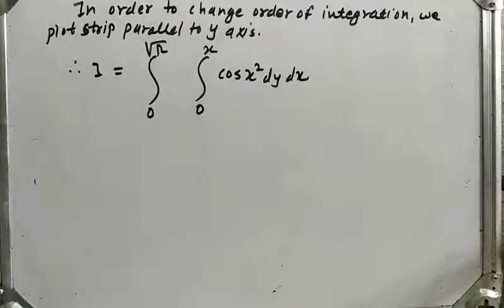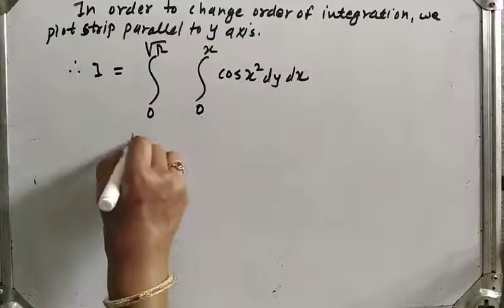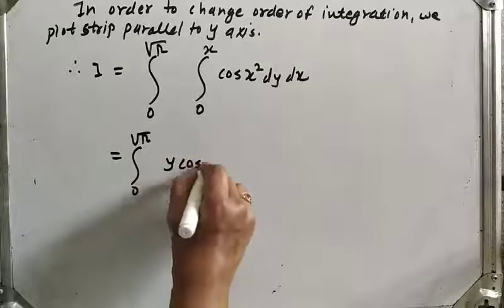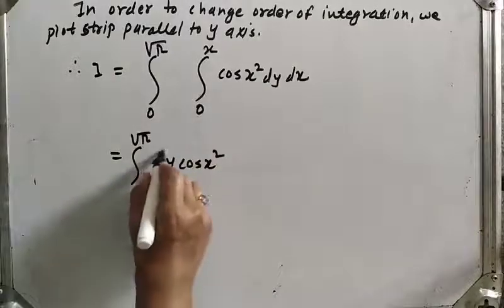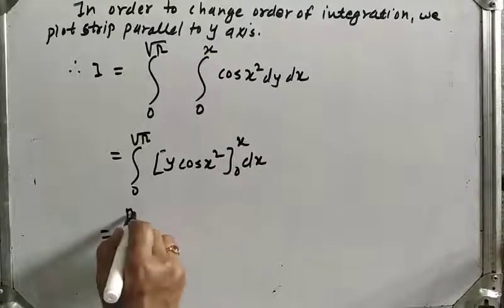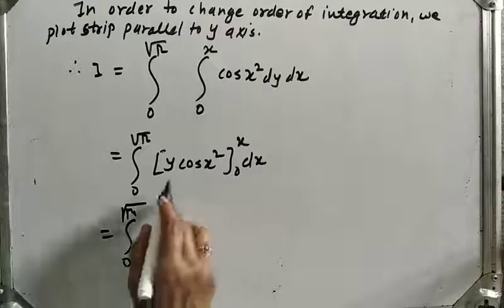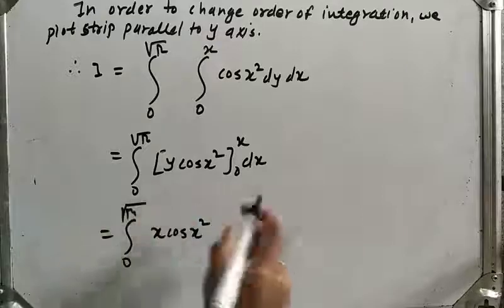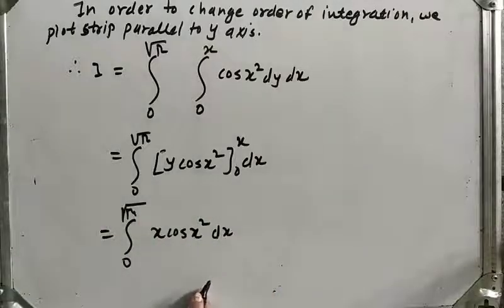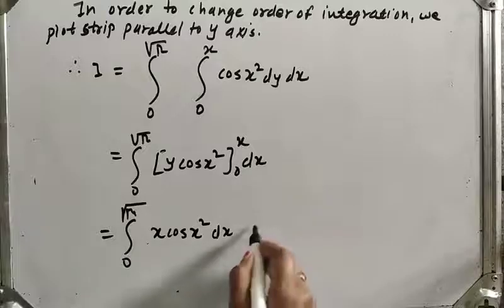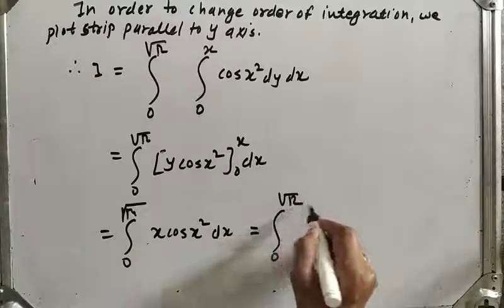So let us solve. It is equal to integration 0 to root pi, integration with respect to y, that is y. This cos of x square as it is, integration of dy is y, with limits 0 to x, dx. Let us apply limit 0 to root pi. Apply the limit: x cos of x square minus 0 into dx. Now you can see here cos of x square, and the derivative of x square is 2x. Here is x, we can adjust 2x here. So let us adjust 0 to root pi, 2x.